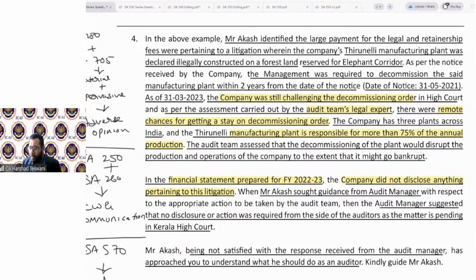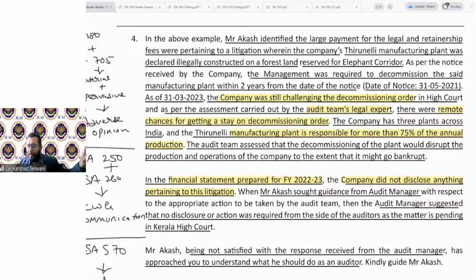It's not a key audit matter. In the auditor's report, it is used where the matter is already appropriately disclosed in the financial statements, but in my judgment it is important and fundamental to the users' understanding, so I bring attention to that particular matter.